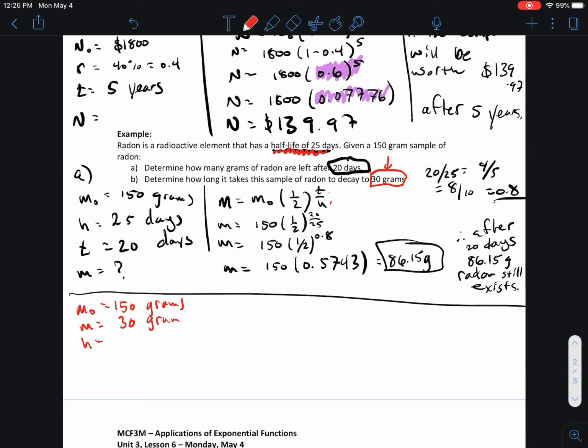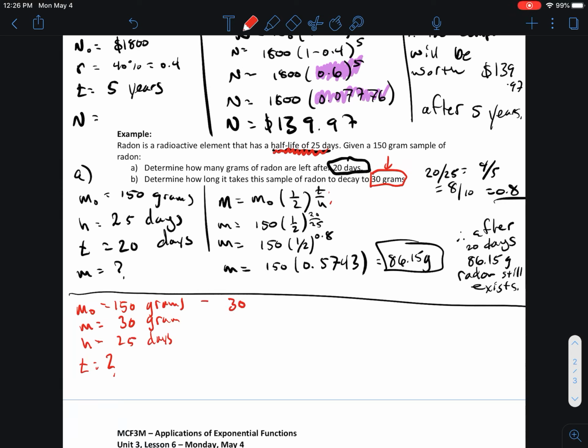Well, it turns out that you're still going to leave the half-life, because the half-life of radon is still 25 days, right? So the H is still 25, which means the only thing you have left to solve for is the T value, which is ultimately the amount of time, right? How long it takes is going to be time. You don't know it. So let's write out the equation again, okay?